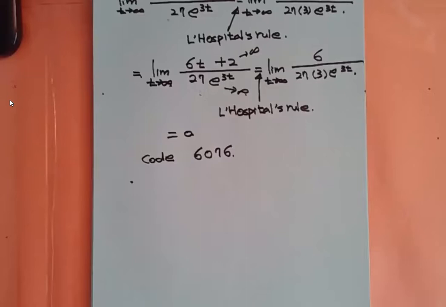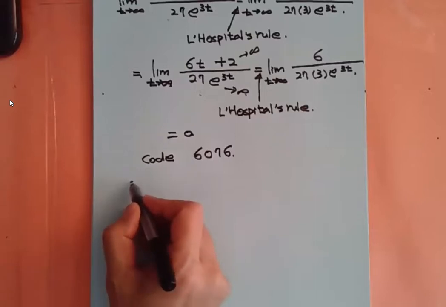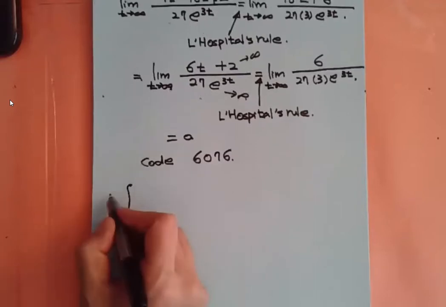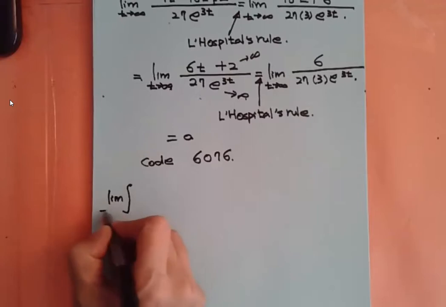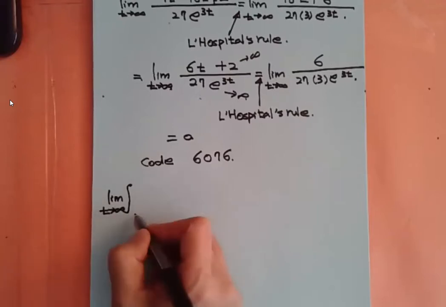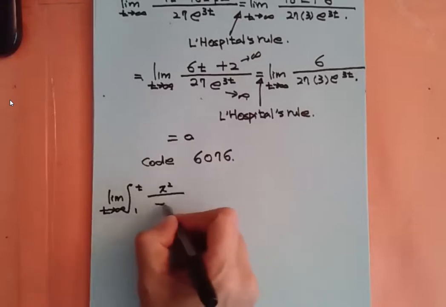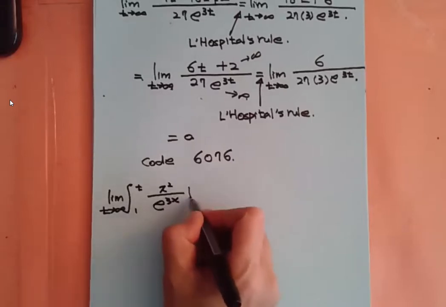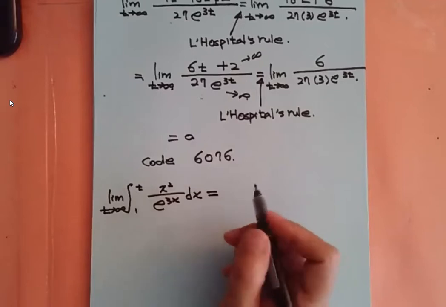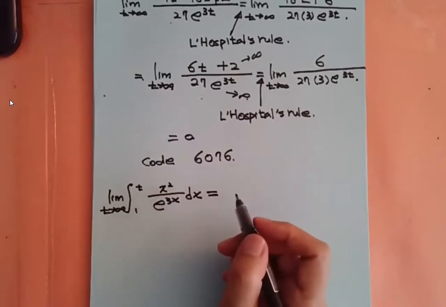Let's go back to the starting point of the improper integral. We were considering the limit as t goes to infinity of the integral from 1 to t of x squared over e to the 3x dx.